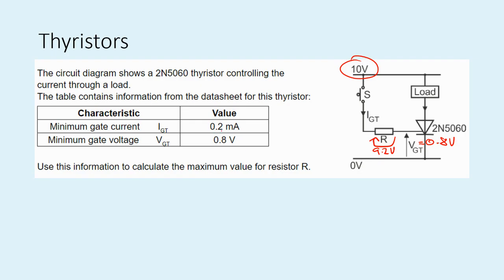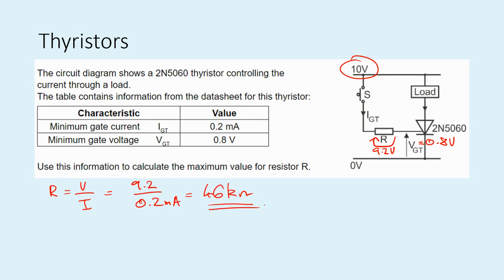And we know that the minimum current is 0.2 milliamps. So we can do R is V over I, so that's 9.2 over 0.2 milliamps, which is 46 kiloohms.